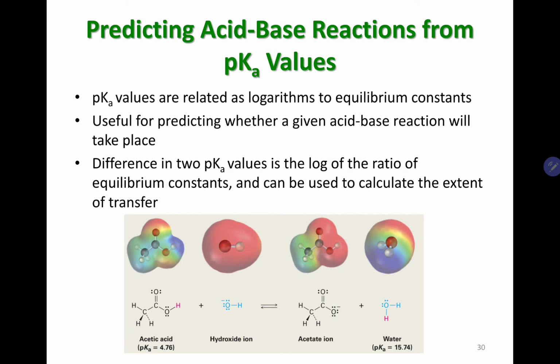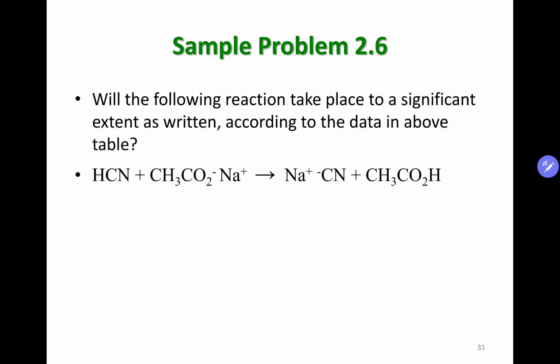If the difference in the two pKa values is significant, and you are making a weaker conjugate acid from a stronger acid, that reaction will take place. So when predicting acid-base reactions, you look at the two pKa values and predict the feasibility of a reaction.